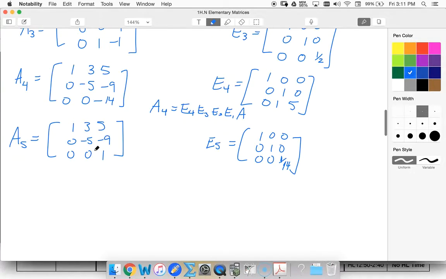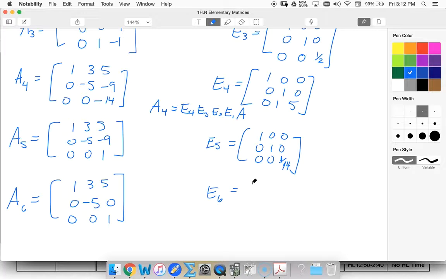Now I can multiply by 9 and add these two together. So E6 is 1, 0, 0.